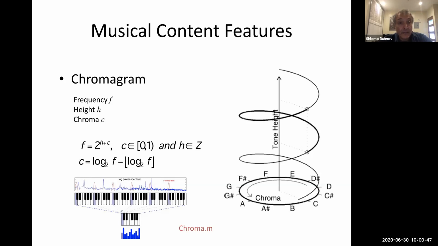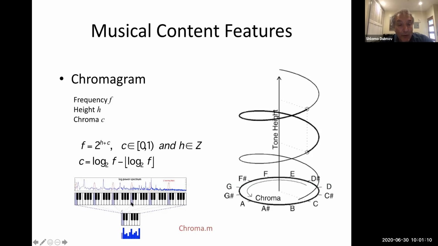audio signal, take the frequency analysis, the spectral analysis of a signal, and exploit the fact that we actually expect it to be tuned in ways that every doubling becomes kind of the same note.